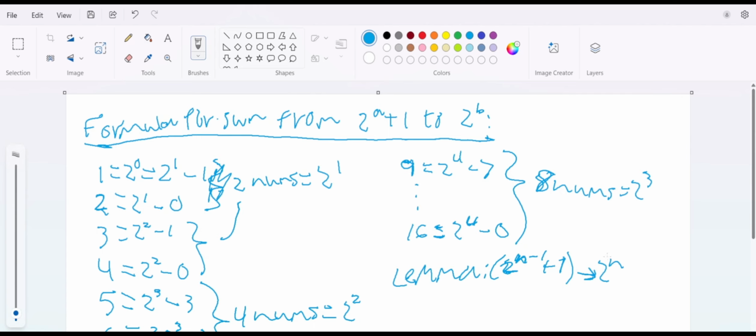The range from 2 to the n minus 1 plus 1 to 2 to the n has 2 to the n minus 1 numbers between it.